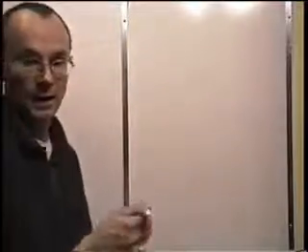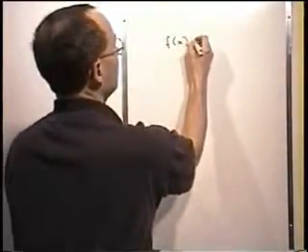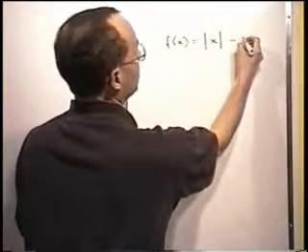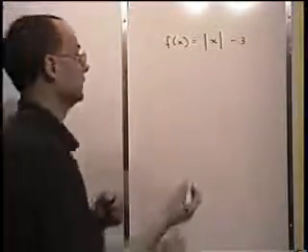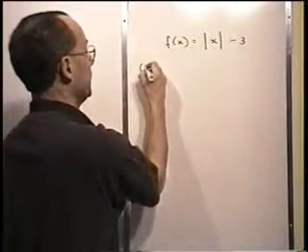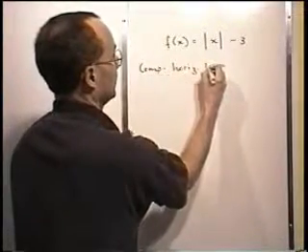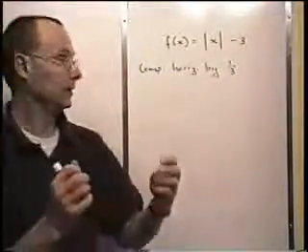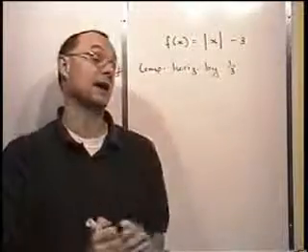Let's say f of x was the absolute value of x, and we'll put in a minus 3. And let's say this time I would like to have it compressed horizontally by 1/3.